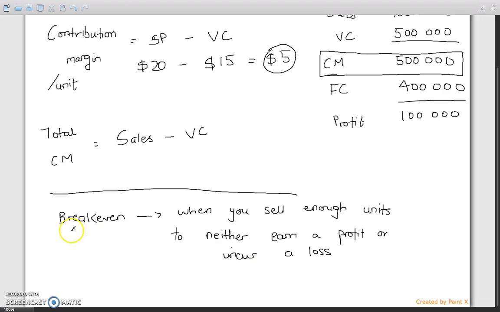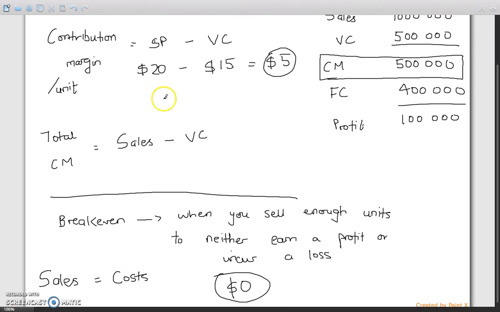All right, at the break-even point, all your costs are covered. So basically, your sales are just enough to cover all of your costs. All right, so what would your profit be when you break even? If someone tells you we break even this year, what are they saying in short? Well, they're saying that your profit is $0. That's what break even means.